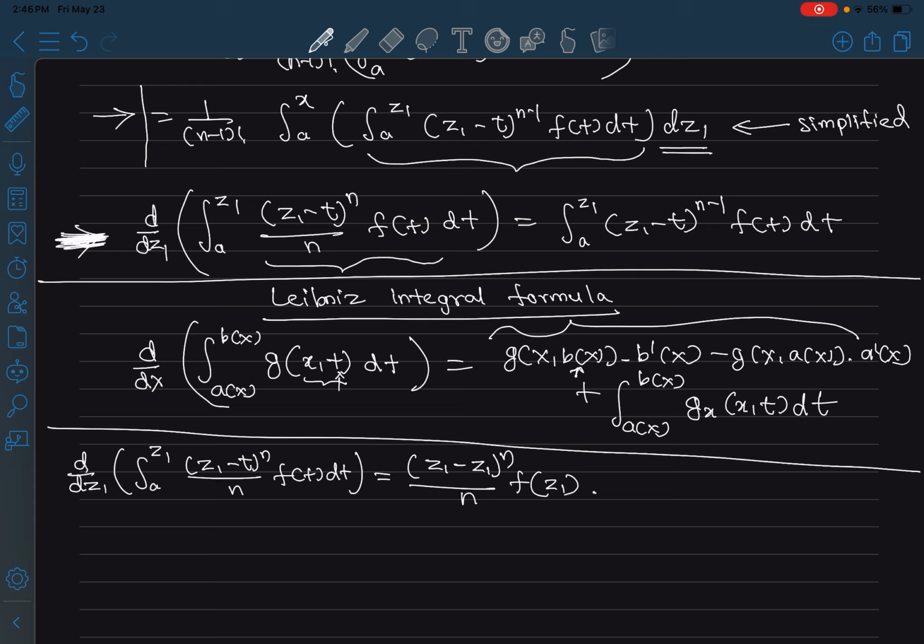Am I in a good direction? I'm myself getting confused at this point. Just to clarify, we need g of x comma b of x, and wherever we had t, I'm writing b of x, and in this case b of x is g1.